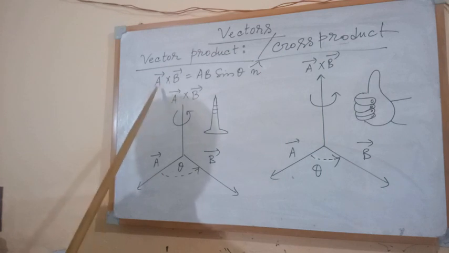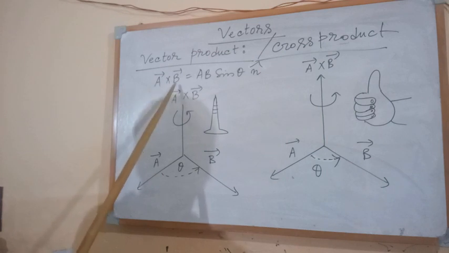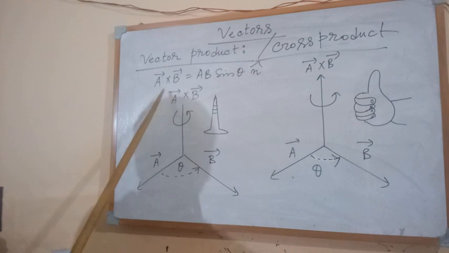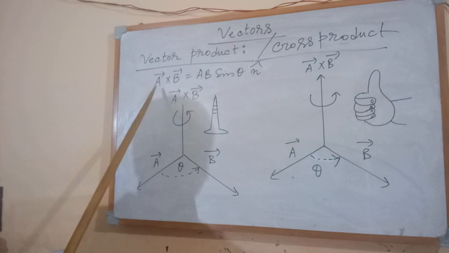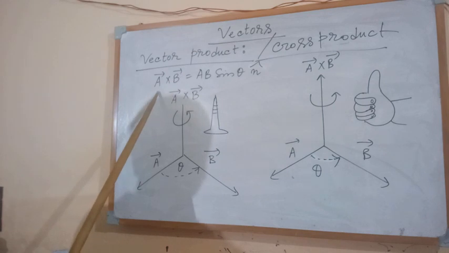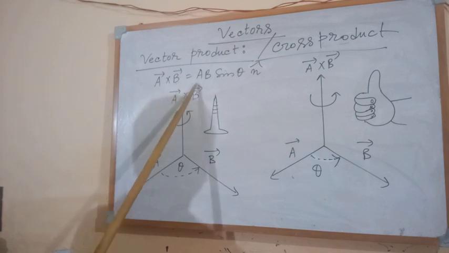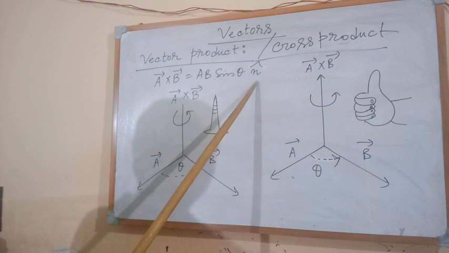Here A vector and B vector are to be multiplied, and the formula for the cross product of A vector and B vector is A cross B equal to AB sin theta into n cap.